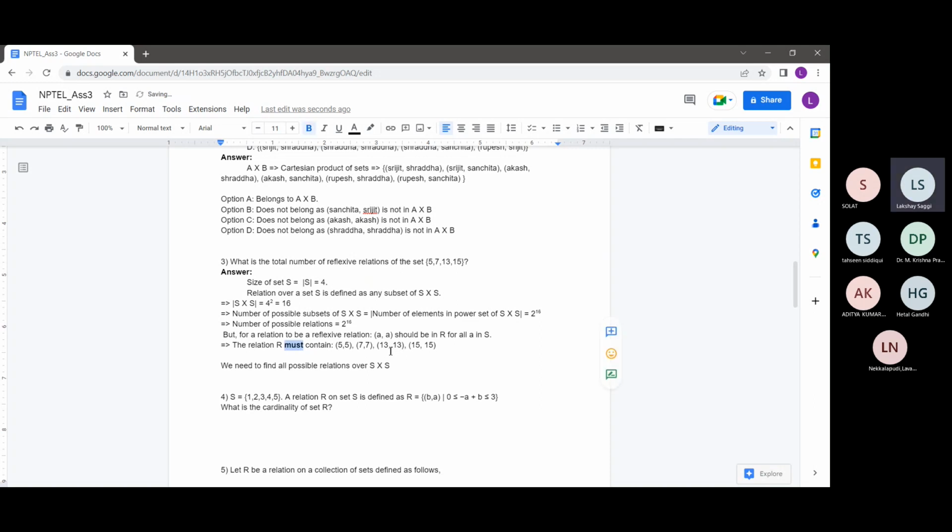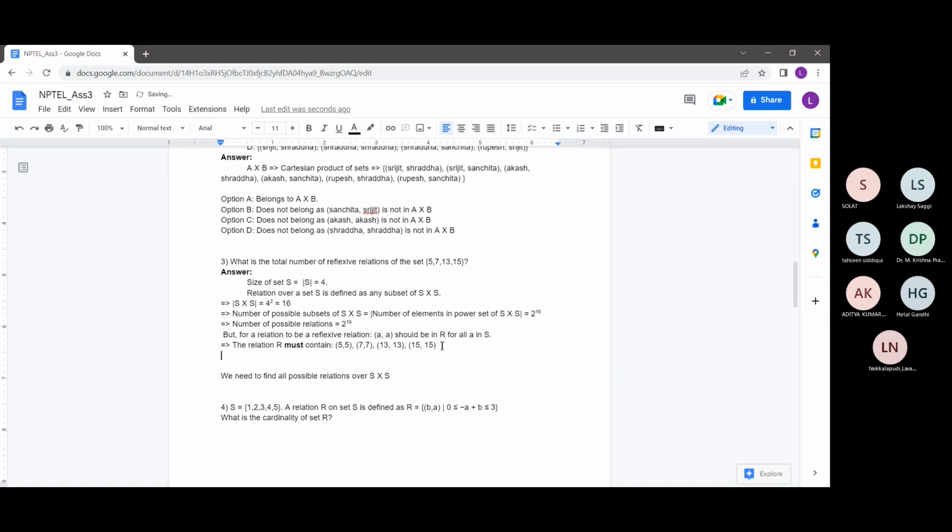I'll just highlight this much. So basically the relation R must contain these 4 elements. And after including the above 4 elements in R, the relation is guaranteed to be reflexive.